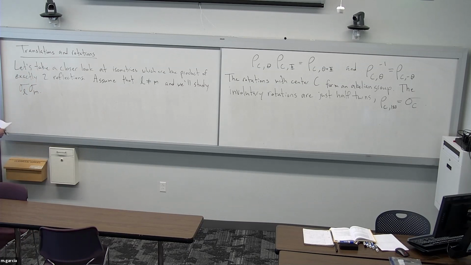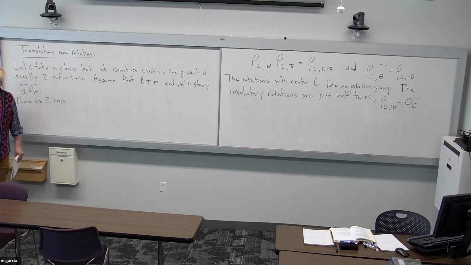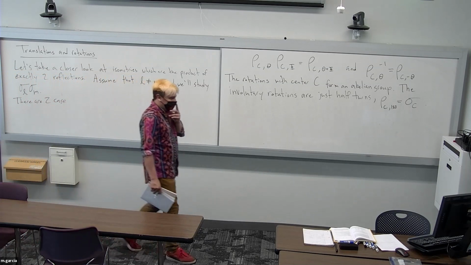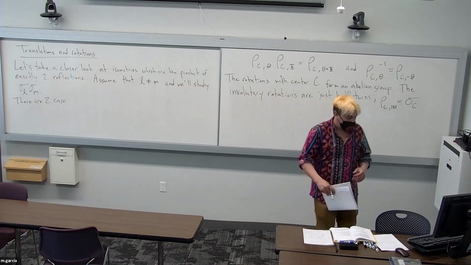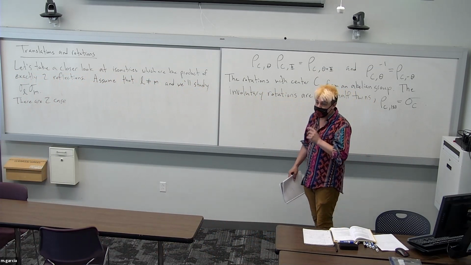In order to carry out this study, there are two cases, right? What are those cases? We're assuming L is some line which is not equal to M. They are parallel.